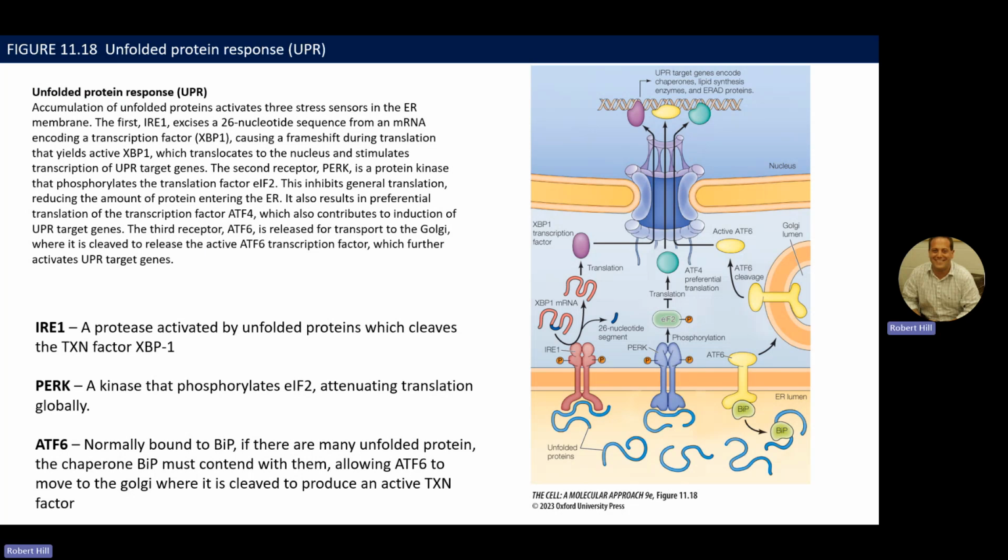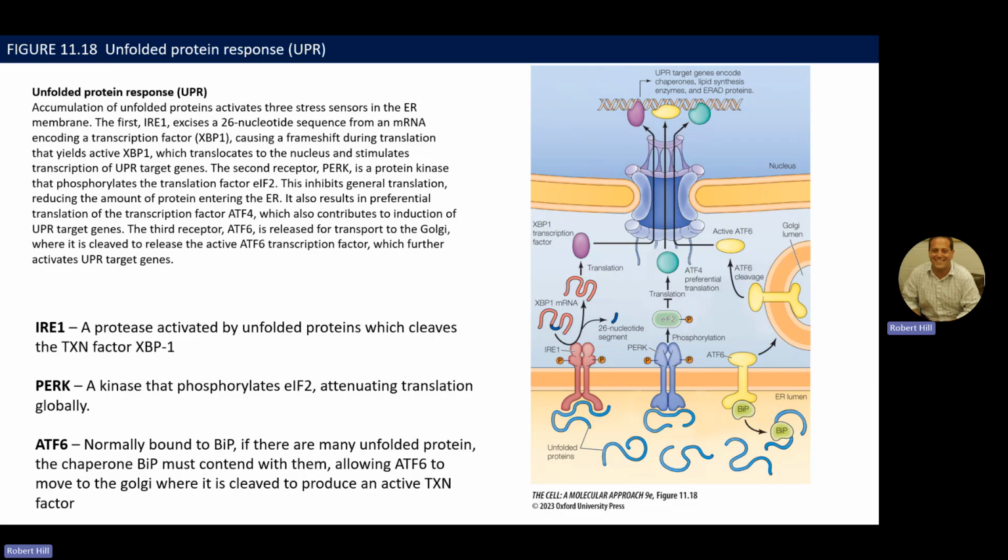Another involves PERK, or phospho-ERK. It's a kinase, right? Kinases phosphorylate. The target of PERK, which is a transmembrane receptor that interacts with unfolded proteins on one side, is EIF2. So what does EIF2 do? What does it stand for? Learn that one, right? Eukaryotic initiation factor 2, right?